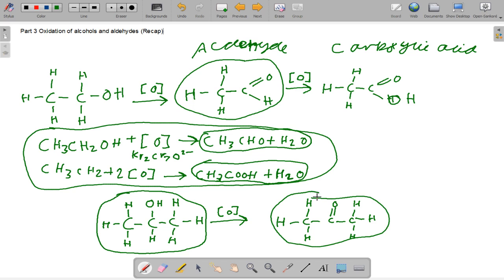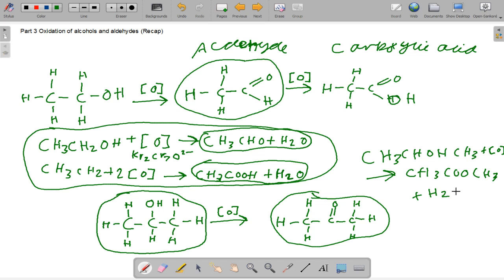So the ketone will be arranged like this, and the equation for that particular one would be CH3CHOHCH3 plus oxidizing agent, and then that goes to CH3COCH3 plus H2O. Water is removed.